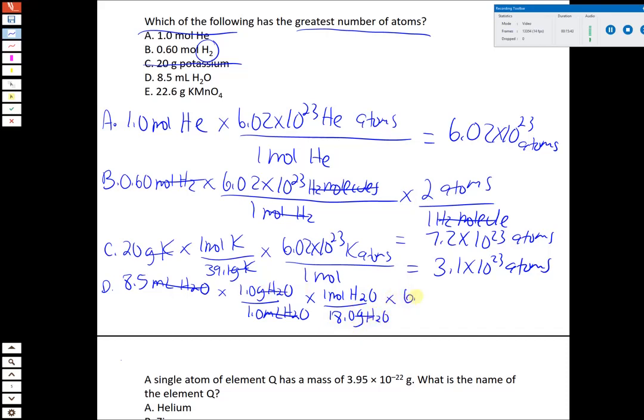We use Avogadro's number to get us how many molecules there are. It's a covalent compound, so Avogadro's number doesn't give us atoms this time, it gives us number of molecules. And then finally, if we want the number of atoms, we have to do one more step. H2O, the formula is 2 hydrogens, 1 oxygen, so there's going to be 3 atoms per 1 H2O molecule.